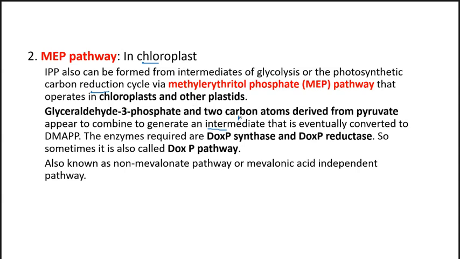The intermediate was MEP, methyl erythritol phosphate, which is converted to the isomer of IPP, which is dimethylallyl pyrophosphate. Here the enzymes required are DOXP synthase and DOXP reductase. So the name was also DOXP pathway, also known as the non-mevalonate or non-mevalonic acid pathway.